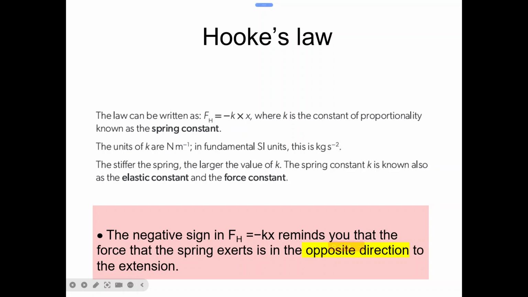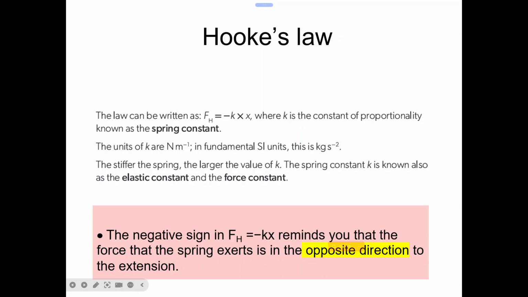So the direction of the spring force, the tension, is upward, while the extension is going down, which means the force is in the opposite direction to the displacement. It's in the opposite direction to the x, right? That's why there is a negative sign. Because this FH is describing the tension force provided by the spring, not the external applied force.